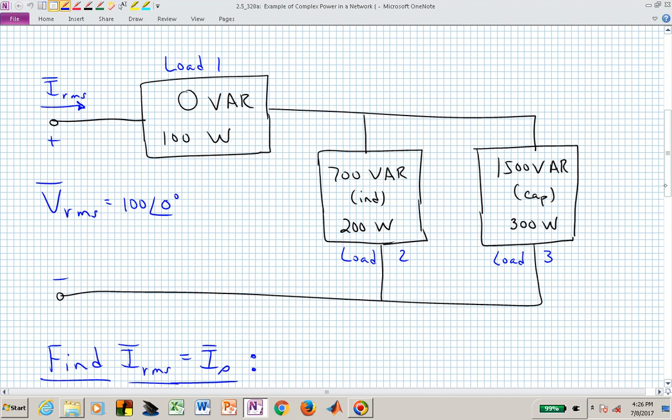What we want to do now is analyze this multi-load network, and in particular, let's find the current that's being supplied to those loads.